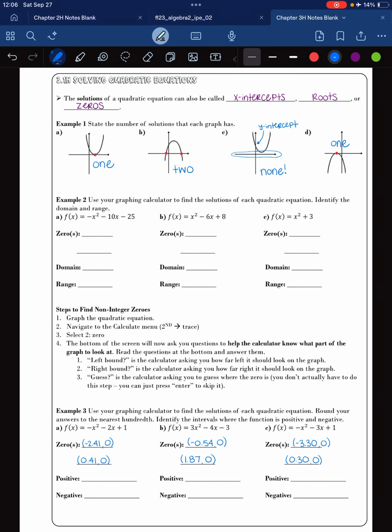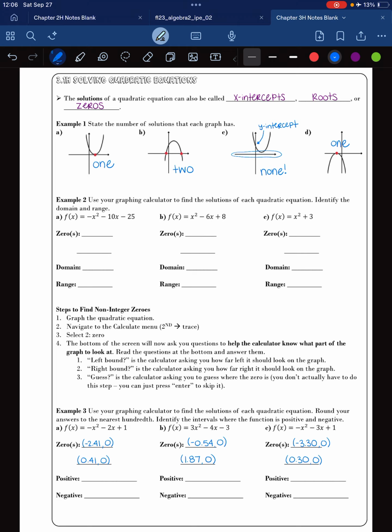Okay, let's break out your graphing calculator and see if you can find the solutions to these quadratic equations. These are nice quadratic equations where you can easily tell, if you're on that standard zoom, they have whole number zeros or whole number x-intercepts. So go ahead and graph A, and you should see a downward facing parabola, and it's going to look a lot like D, where it just has a single x-intercept.